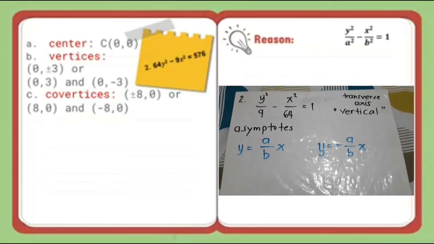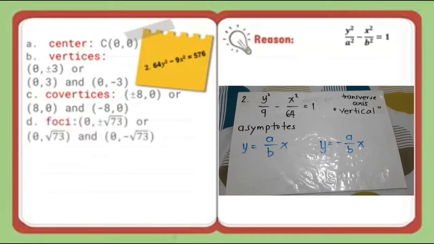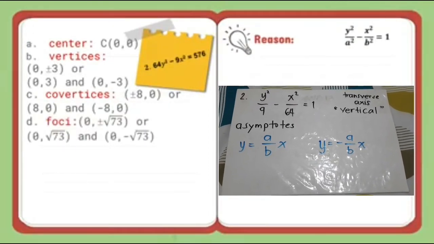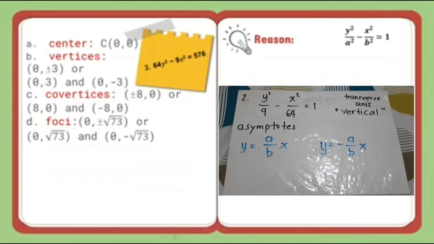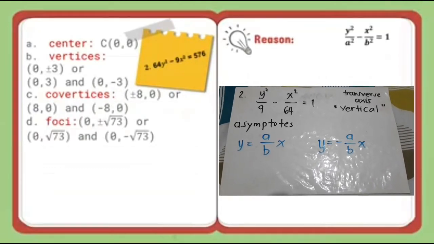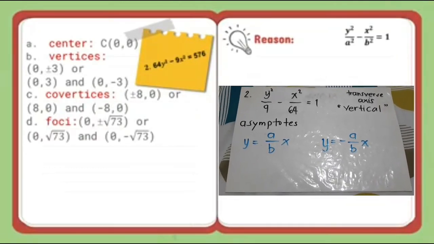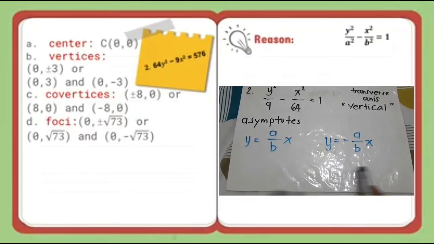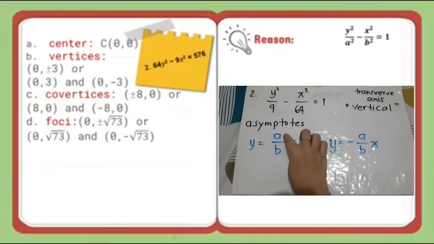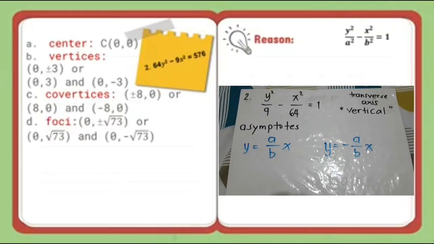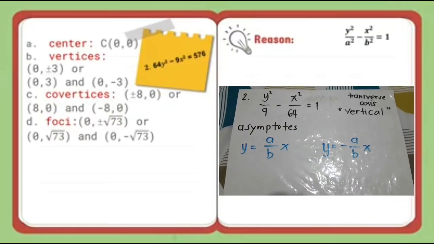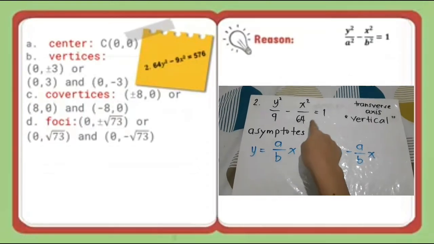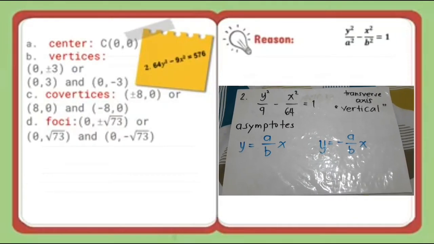Okay, this time we'll write the equations of the asymptotes. We have y equals a over b x and y equals negative a over b x. If you still remember, the transverse axis is vertical, meaning if we consider the slope of the lines created by these equations, a is the rise because the vertices are on the y-axis, while b is the run because the co-vertices are on the x-axis.